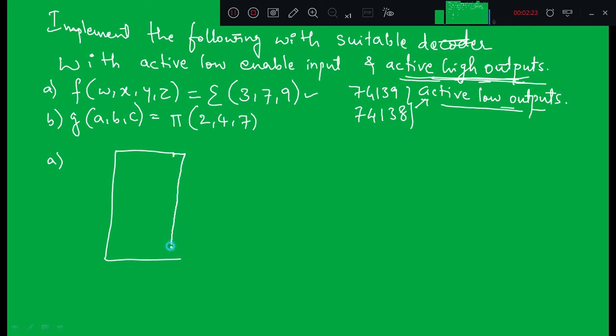He has not told anything about the actual inputs, only about the enable input, which should be active low, right? So let us treat the actual inputs w, x, y, z as active high inputs, where D is MSB and A is LSB.